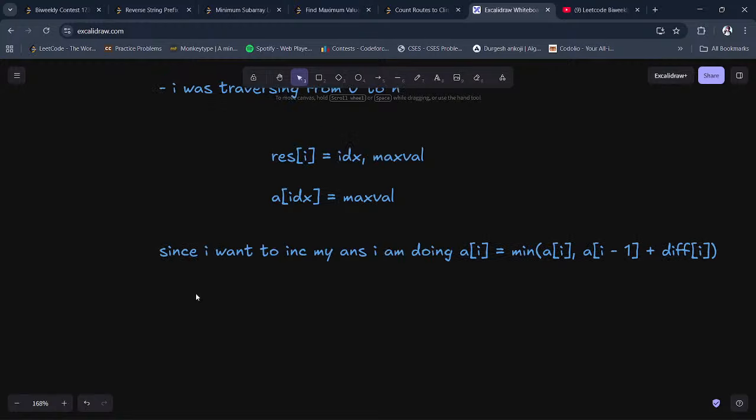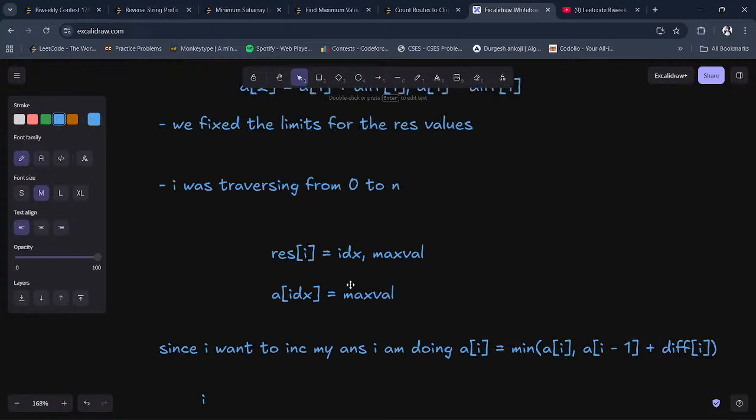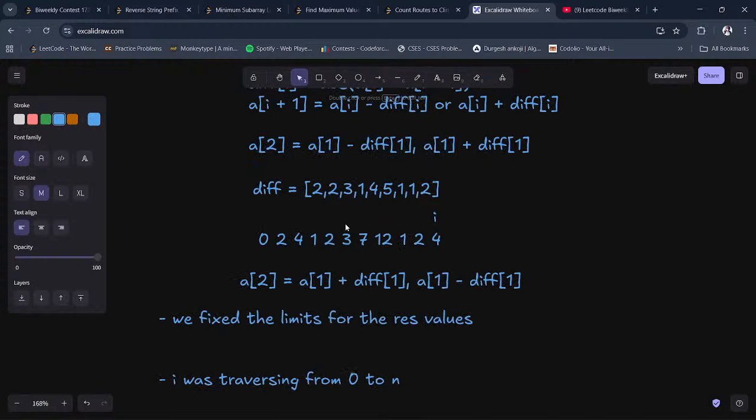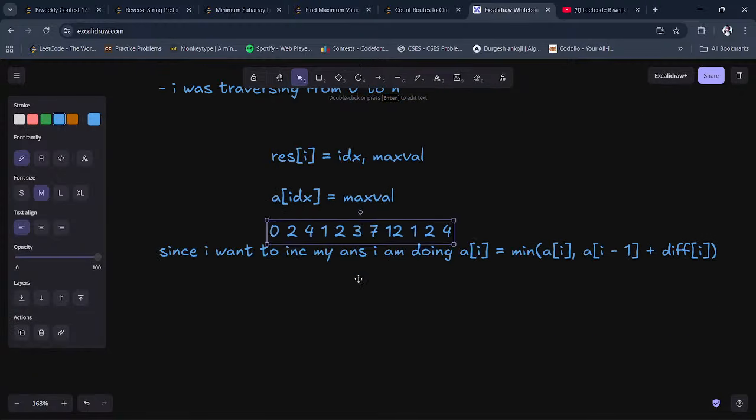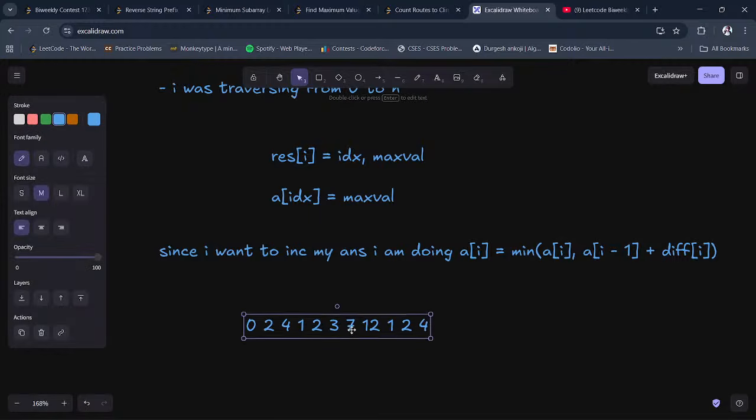So at the next point, let me copy the array so it would be better to understand. Let me copy the difference array too.